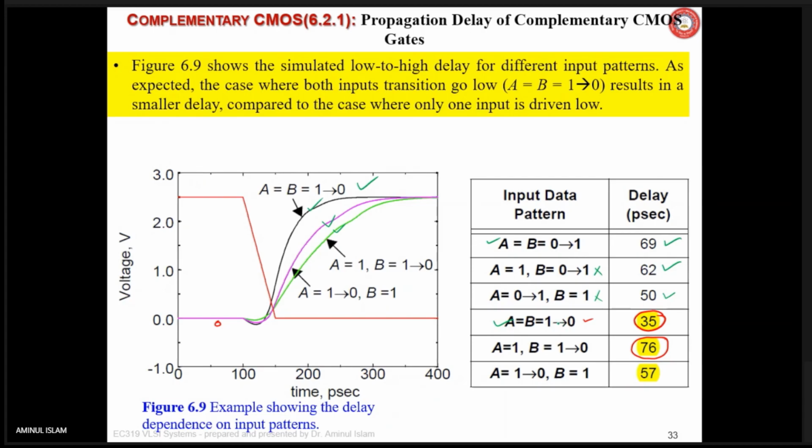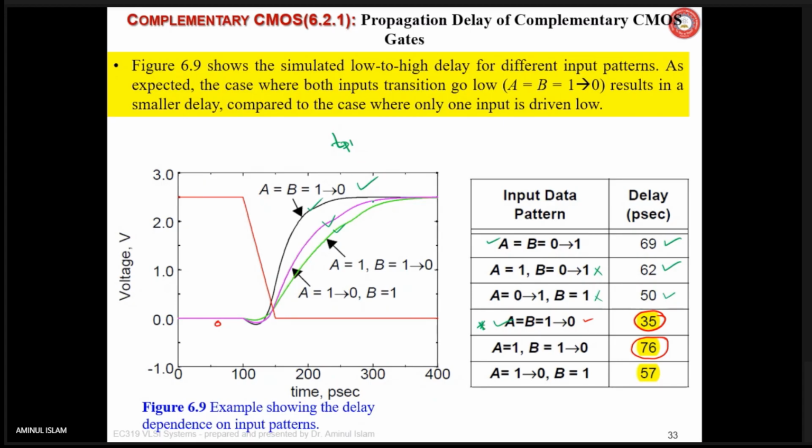If inputs are going from high to low, what is the TP, HL or LH?